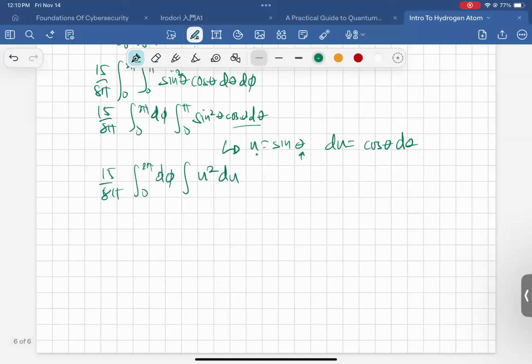Okay, we just leave it at that, kasi ibabalik din naman natin later yan. So 2 pi, and then integral ng u squared du is just 1/2 times... integral niya is u cube over 3.